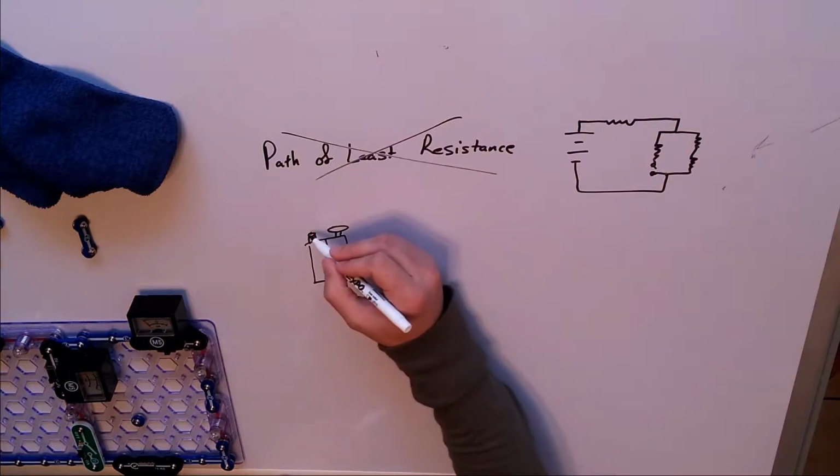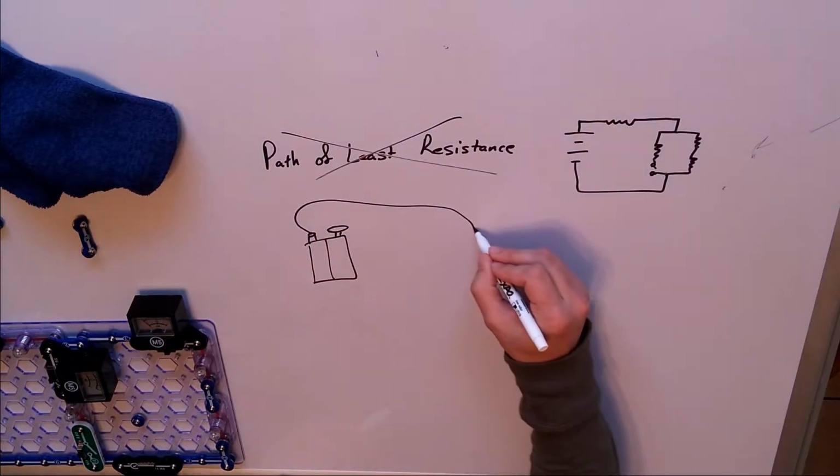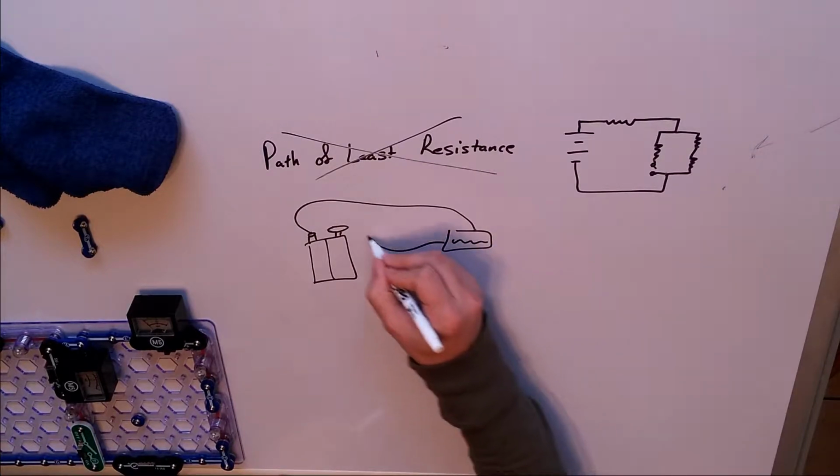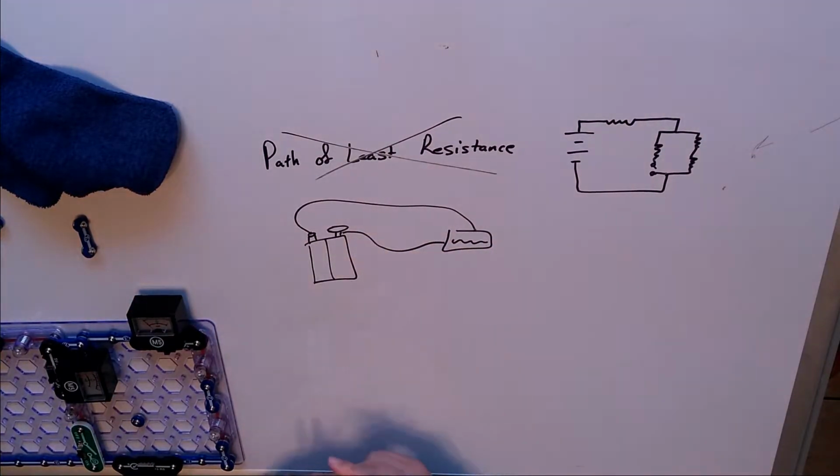This one's the positive. And I'm going to have a wire that runs over to some component, and then a wire that comes back over to the battery. Okay. It's not completely representative of what real life is, but I found it's one of the easiest ways to imagine what's going on so that you can conceptually get an idea of what a circuit's going to do.